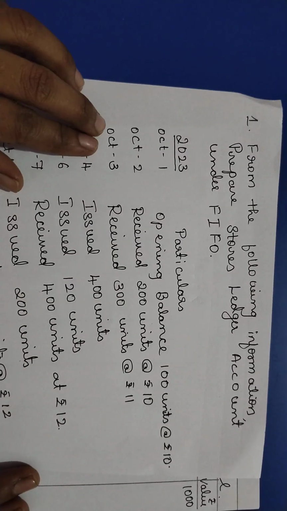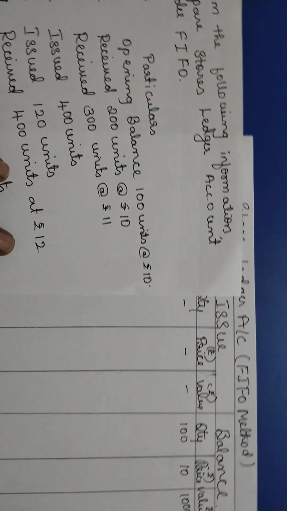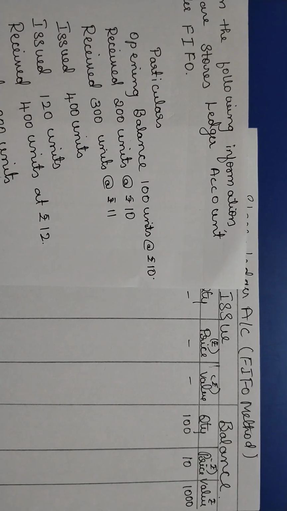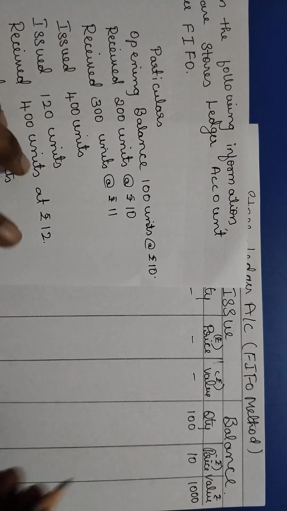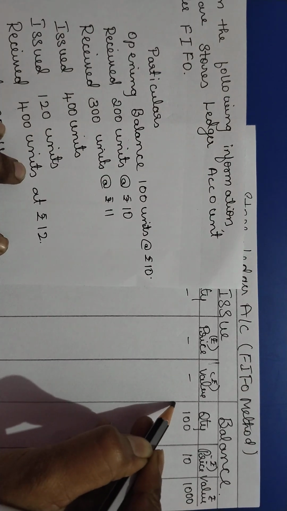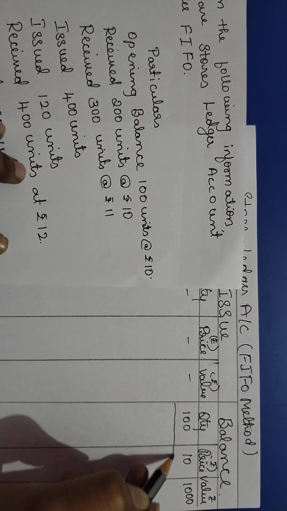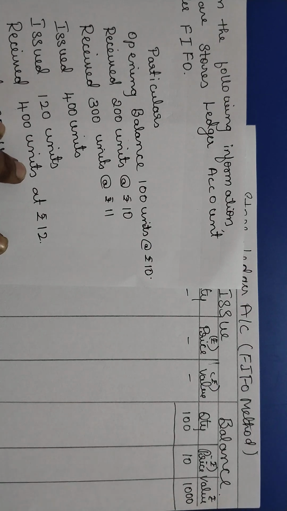Okay, so what is the next transaction? Here most of the students will make mistakes while writing the balance. So draw a line after recording the balance under each transaction, which is most important.